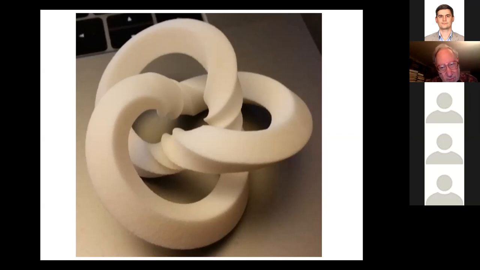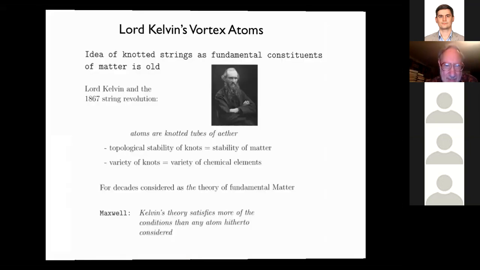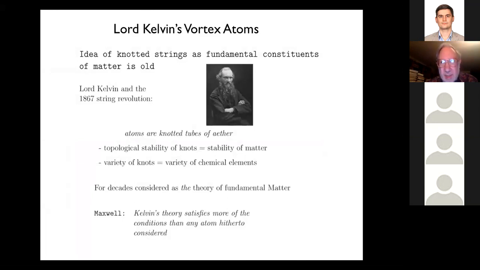So you can go from mathematics to the physical in this way. As I was saying before, Lord Kelvin hoped to go back and forth between the mathematics and the physical. He hoped to understand that atoms are knotted vortices in the luminiferous ether. He hoped.